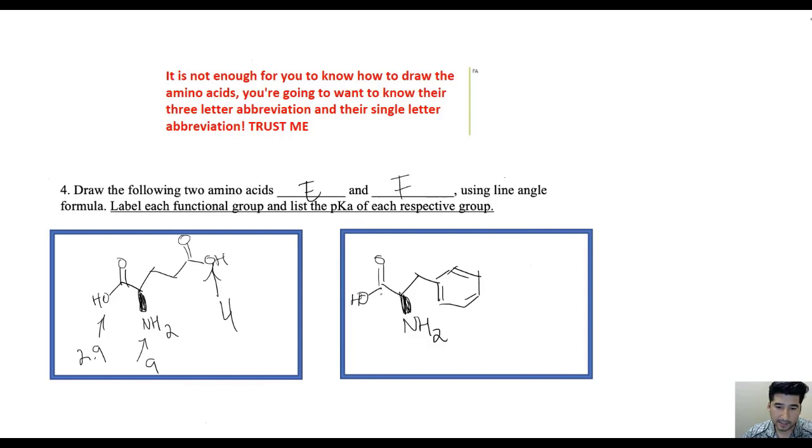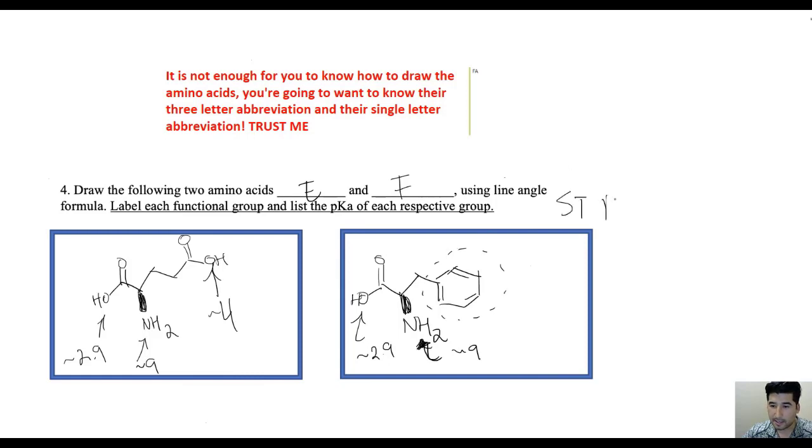Okay, going on to phenylalanine, the carboxylic acid group has a pK of about 2.9. Here, I should have written that, about. This amine group has a pK of about 9. And what did we say about the phenylalanine group?